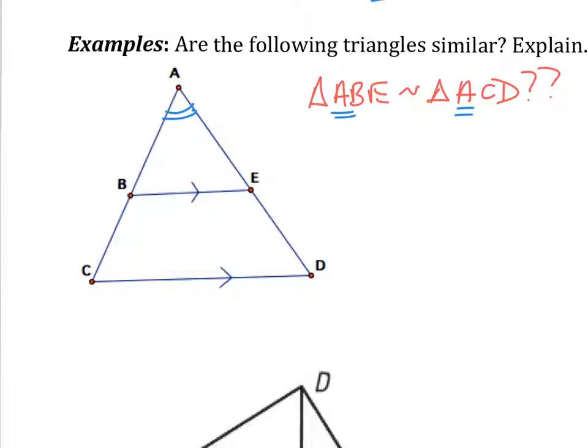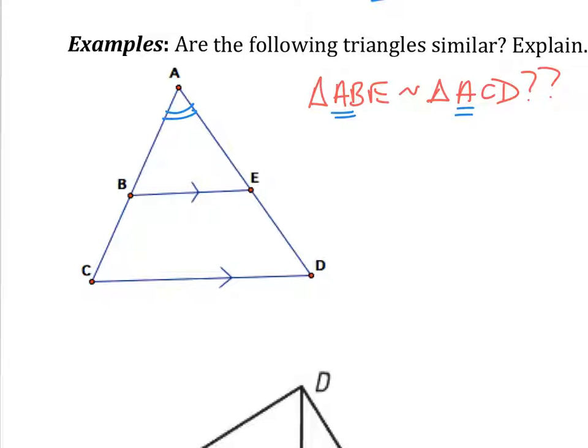They're parallel. That helps us, which means that B and D and E and C are alternate interior. No, not, because remember, in order to do that, you need that Z. Angle AEB is congruent to angle ADC.